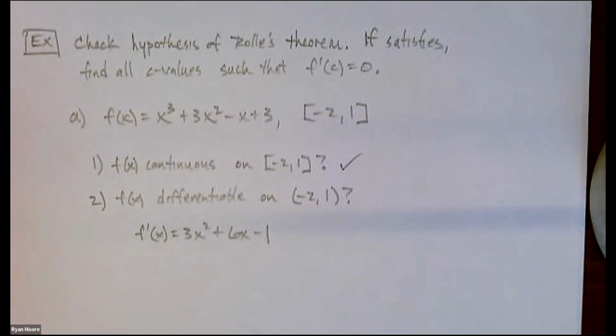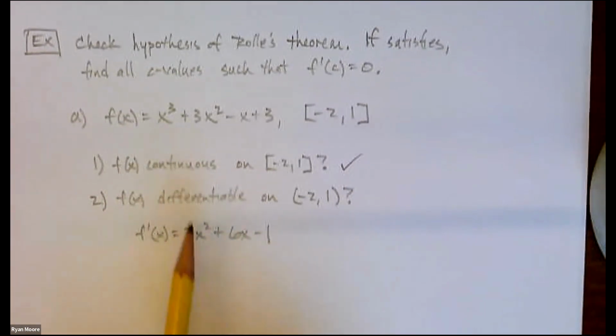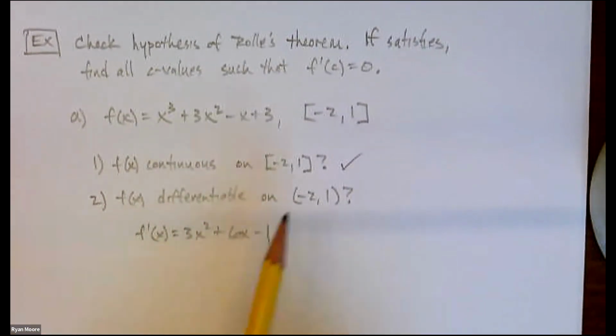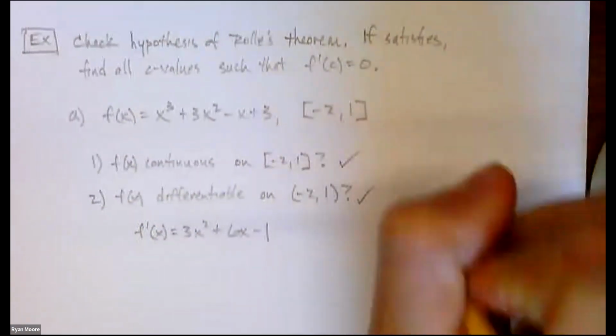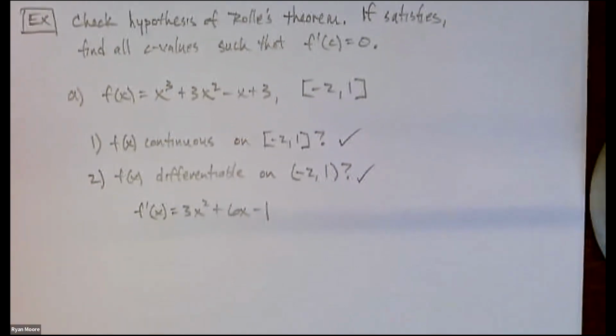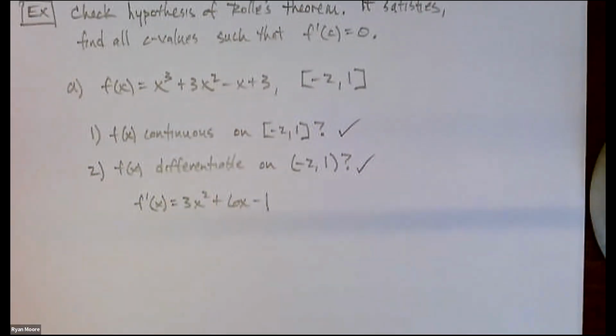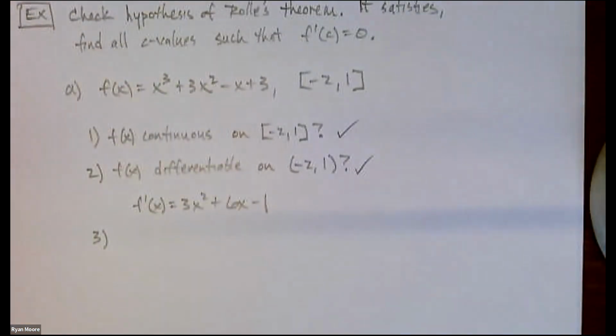Once we have the derivative, we're thinking along the same lines as the first hypothesis. Will this derivative have any holes or jumps or divide by 0? Well, no, not at all. It's another polynomial, so nothing unusual happening between -2 and 1. So this is a check as well. Not a whole lot to do. Be careful though, you definitely have to check these, and obviously we will encounter some that don't meet all.